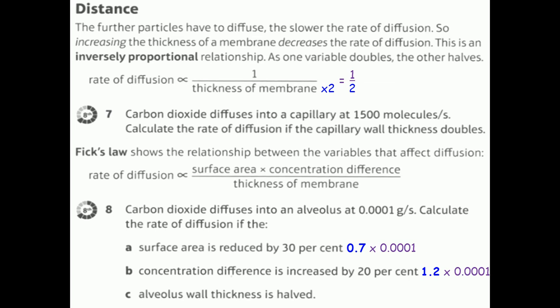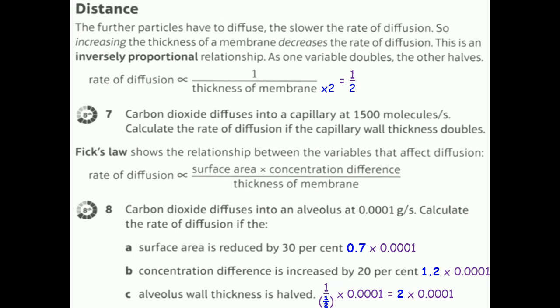So how much will it increase by? We need to use the inverse formula. So it's 1 divided by 1/2, and that is 2. In other words, the rate of diffusion will double what it was previously. So if the thickness is halved, the rate of diffusion will double. That's because it's an inversely proportional relationship.